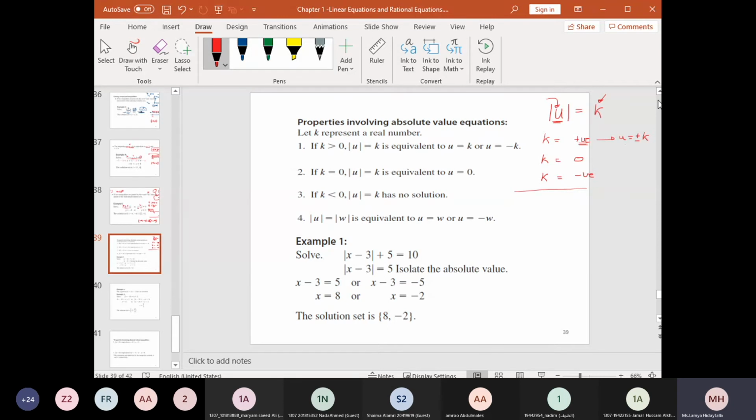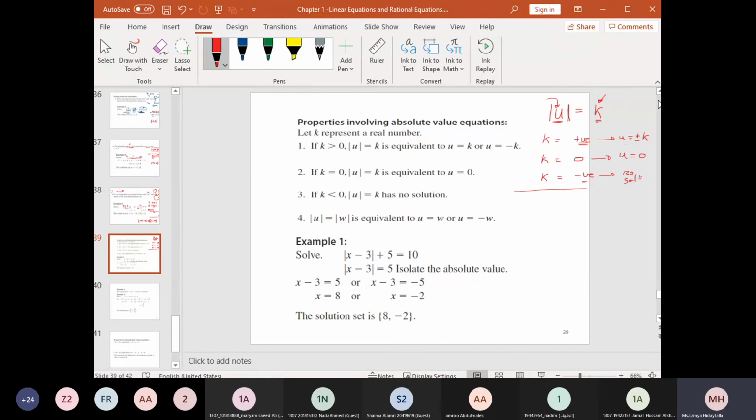If this is zero, immediately you will say u is equal to zero and that's it. What if it was negative? Immediately no solution. Why? Because the modulus should be positive, the answer should be positive. Right, when you take the modulus, we say no solution.